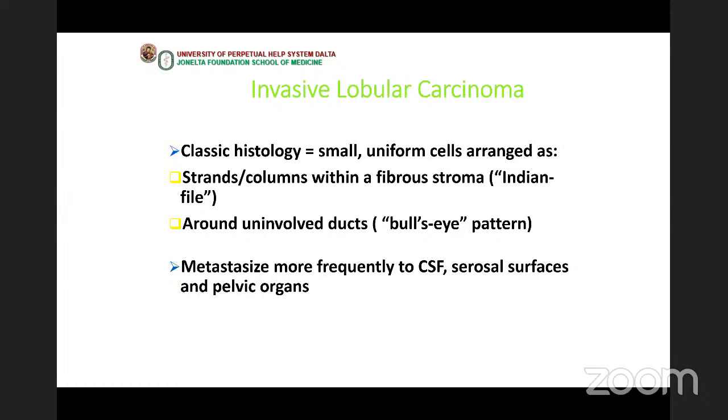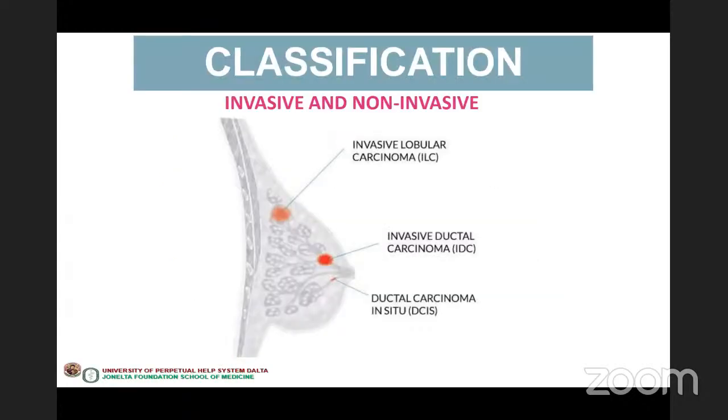So this is your Indian file around your uninvolved duct. So these would be your bullseye pattern. So if your IDC metastasizes to the lung, brain, and bone, your invasive lobular carcinoma metastasizes to your CSF, your serosal surfaces, and pelvic organs. Okay.